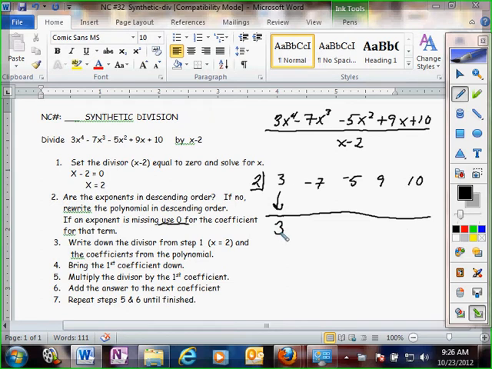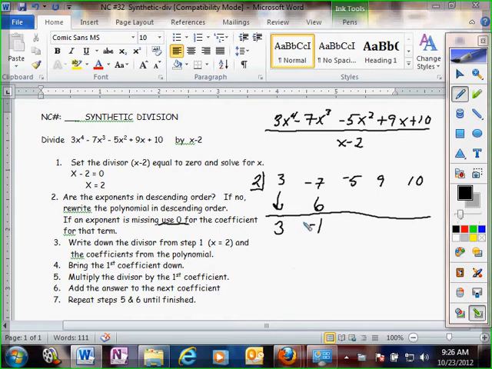The way we do this is just some simple multiplication and some adding and subtracting. We multiply 2 times 3. 2 times 3 is 6. Write that here. And then we add these two numbers: -7 plus 6 gives me -1. Write the answer there.